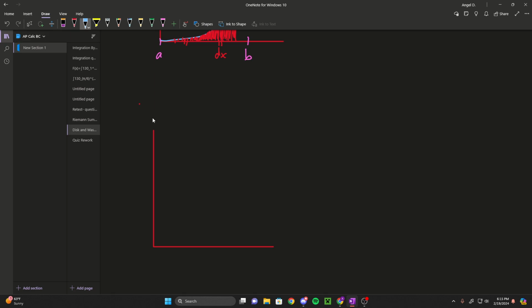And the curve I'm going to be drawing is y equals ln x. And then we have a few restrictions. Now, this is getting into disk method. And y equals 0. y equals 0 is just the x-axis.